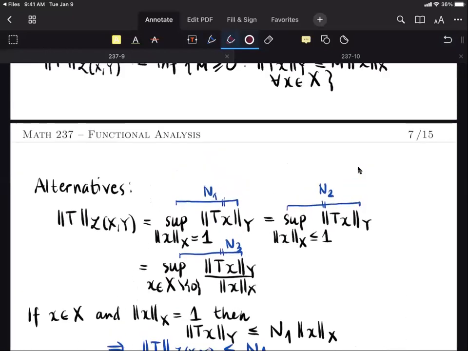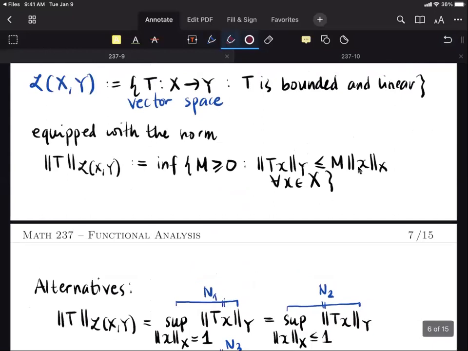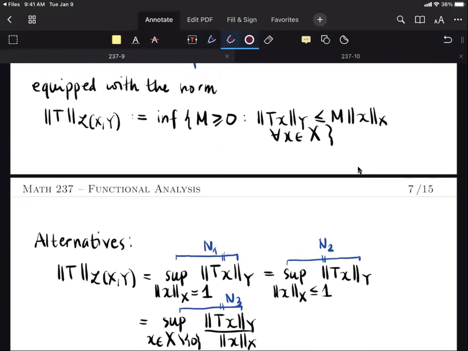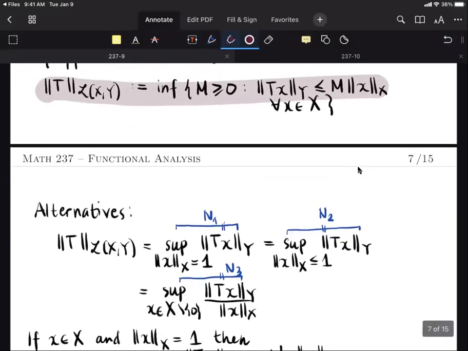Okay. So according to this, you can alternatively prove that this is a norm by showing any of these to be norms in the space of linear and bounded operators.